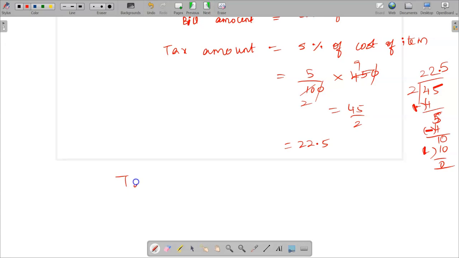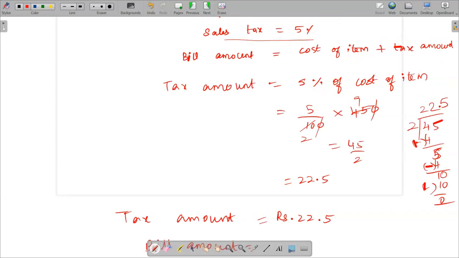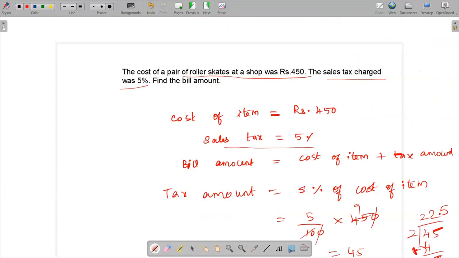So the tax amount is rupees 22.5. So we know that already the bill amount is given by cost of the item plus tax amount. What is the cost of the item?